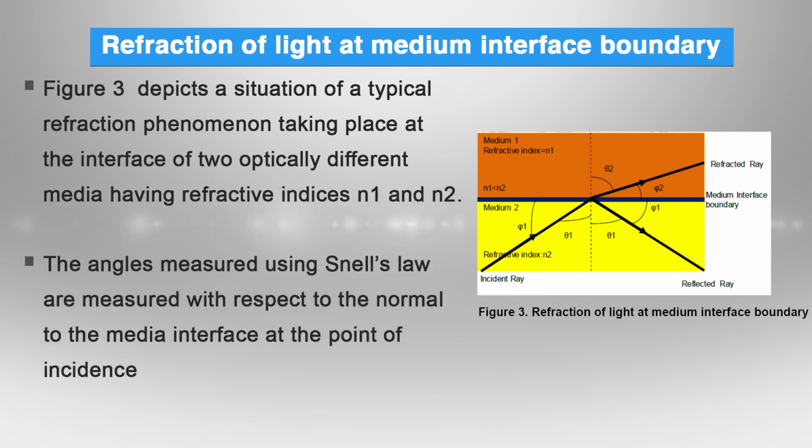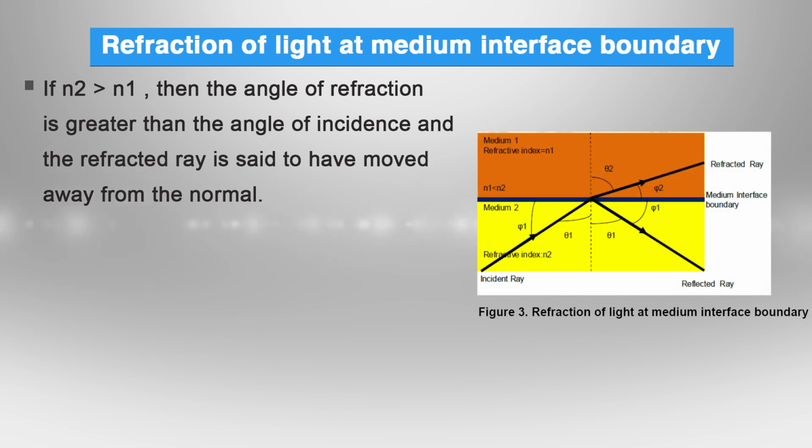The angles are measured using Snell's law, with respect to the normal to the media interface at the point of incidence. If n2 is greater than n1, then the angle of refraction is smaller than the angle of incidence, and the refracted ray is said to have moved toward the normal.